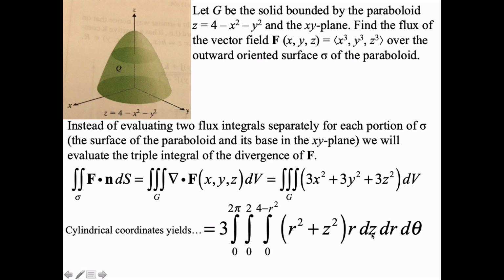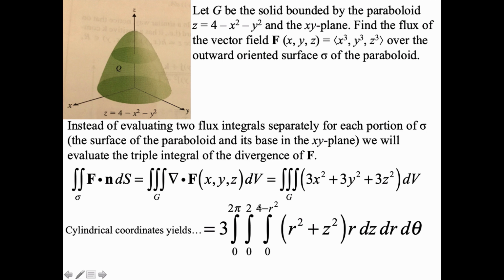Let's think about the limits. Z goes from 0 to the top part of the paraboloid, which is z equals 4 minus x squared minus y squared, and that can be expressed as z equals 4 minus r squared. That's where we get the limits of integration for z.